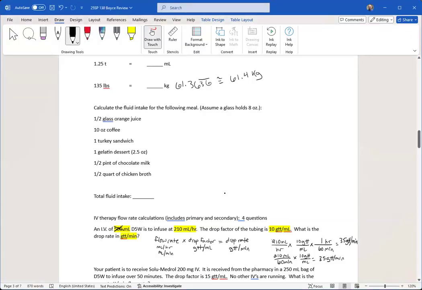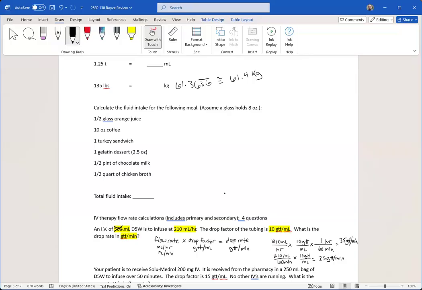If they give you a measurement for a glass and they don't tell you that the glass holds 8 ounces, that's not a fair question, because at my house I have glasses of all shapes and sizes. I have 12-ounce glasses, 16-ounce glasses, 4-ounce glasses. So we need to know what that is, and it should tell you.